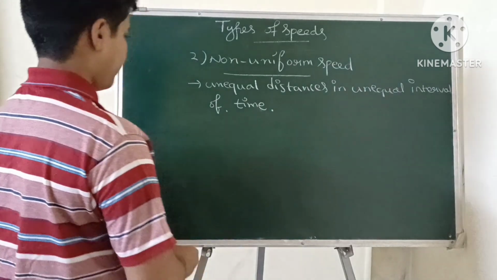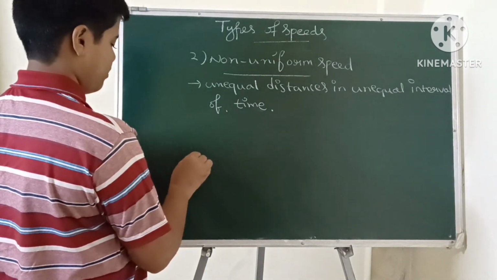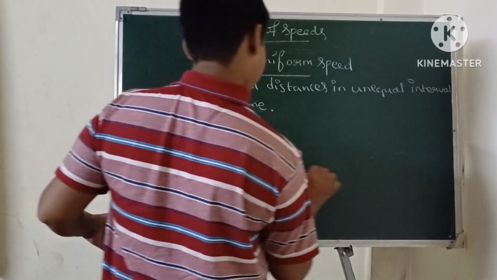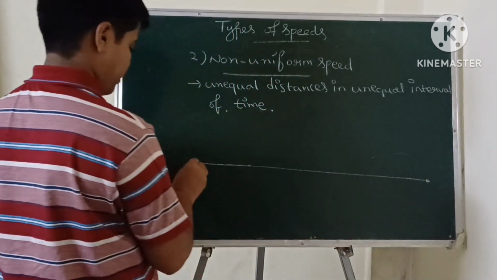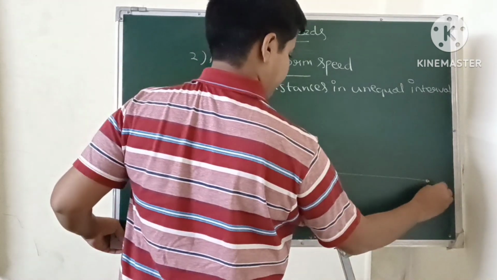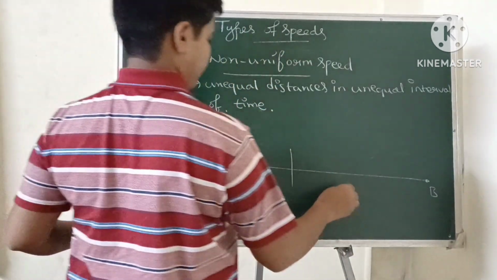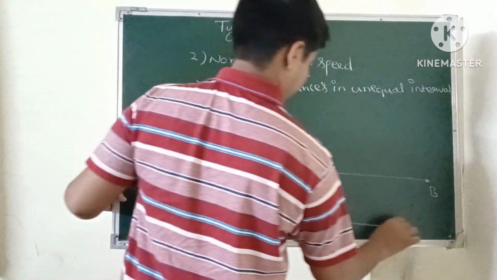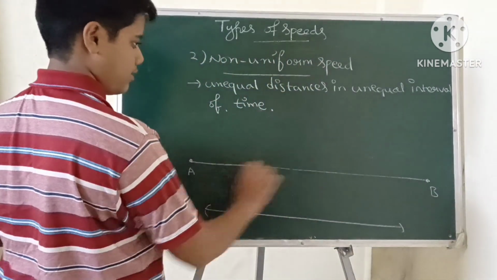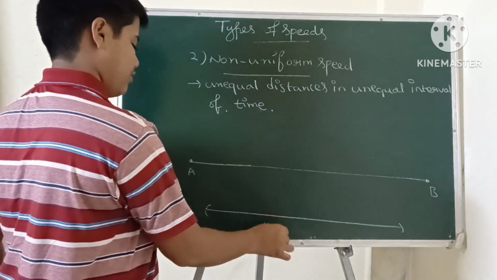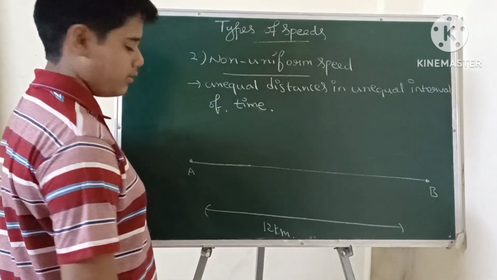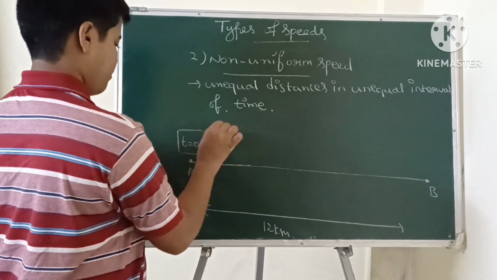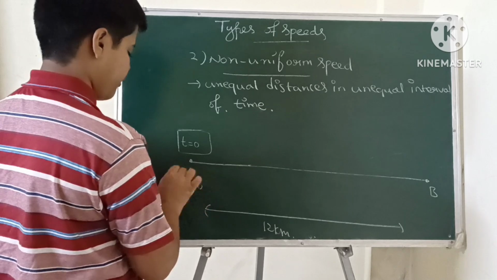Okay. So here, for example, I am taking this is the path, this is A and this is B, and the total distance of this path is 12 kilometers. Okay. So here I am taking time as 0 and initial speed is also 0.